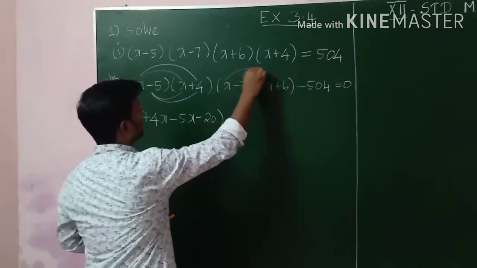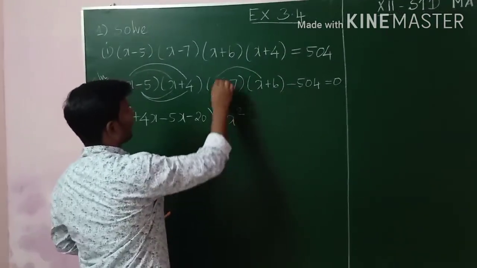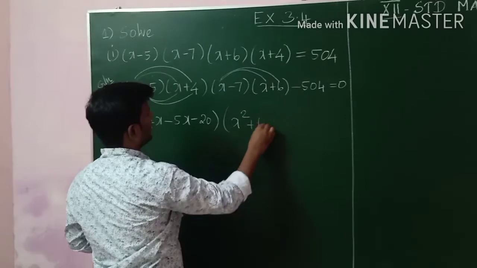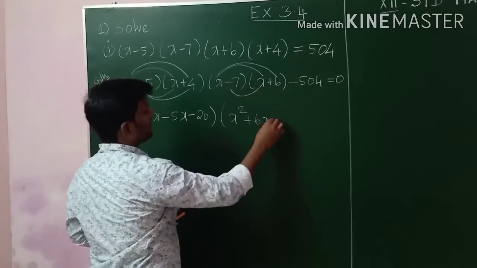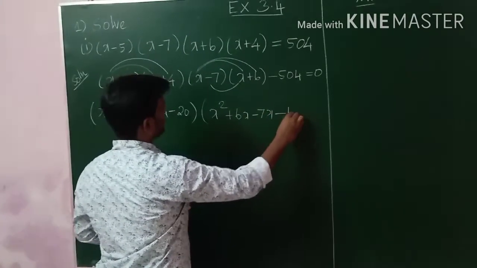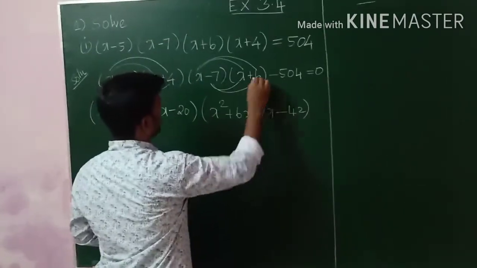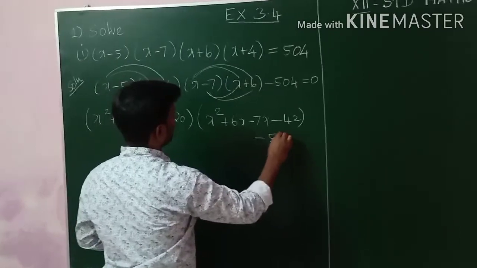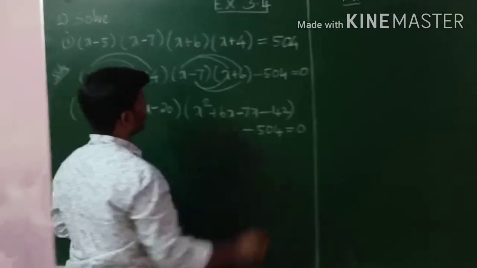And here x into x, x square, x into 6, 6x, minus 7 into x, minus 7x, minus into plus, minus 7 sixes are 42, and minus 504 equal to 0.